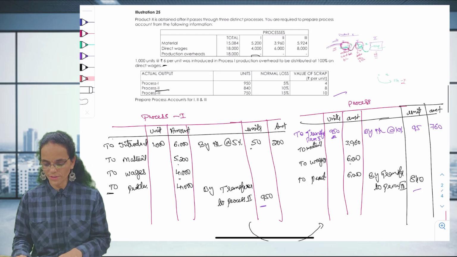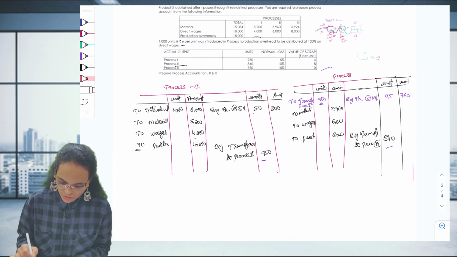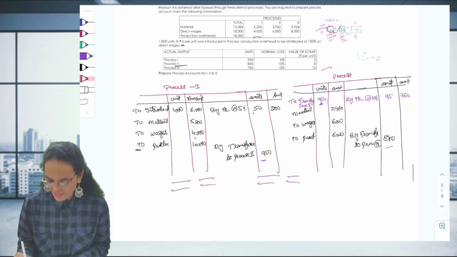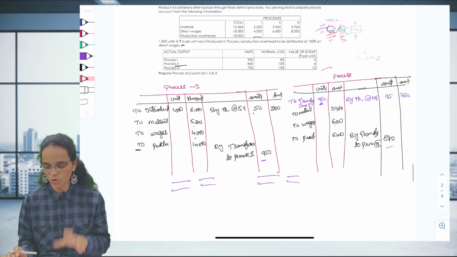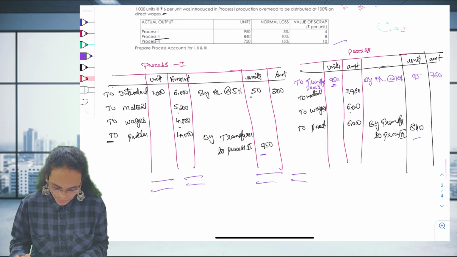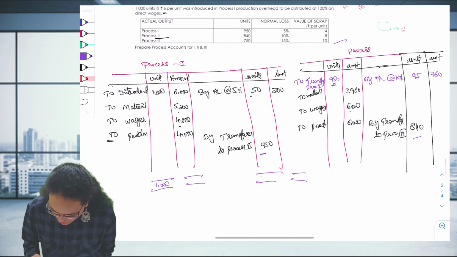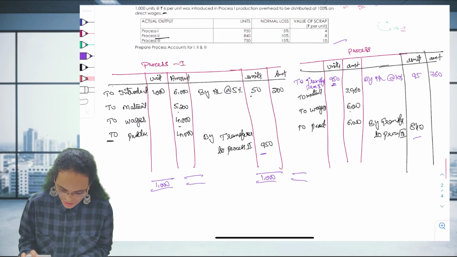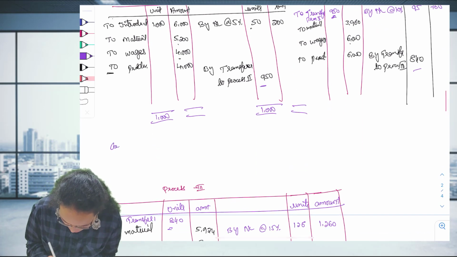Now, we need to solve it. How? Come back. First, you close this one. This is the first simplest problem I took because I need to make you understand what process costing is. Here 1000 units, here also 1000 units, same 6000. What is the cost per unit? What is the formula for the cost per unit?